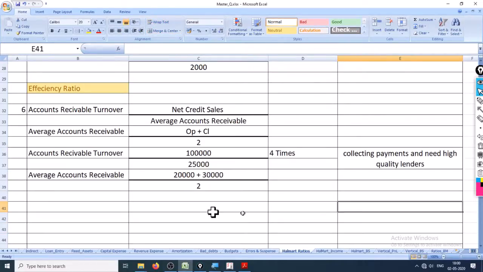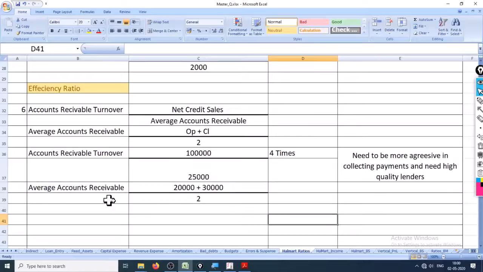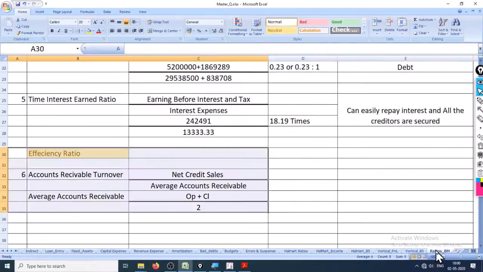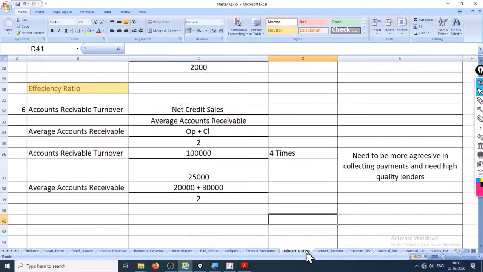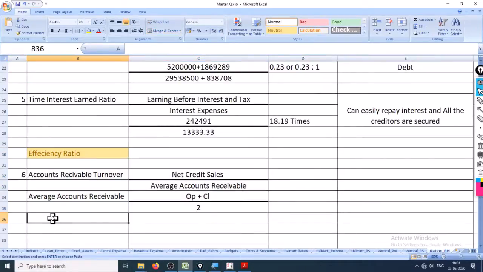Okay, good to go. Bringing us back to this balance sheet right here, and now let me copy these figures.